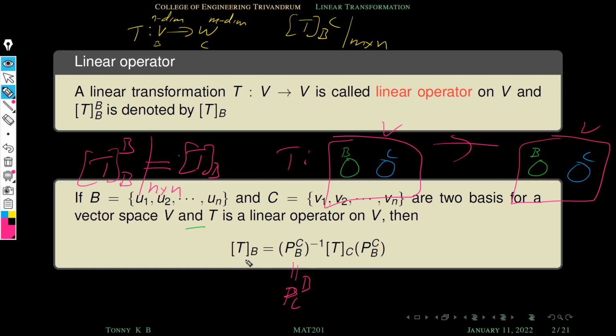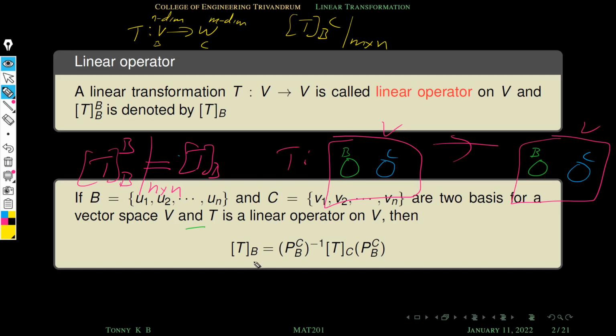Anyway, the matrix of T with respect to B is equal to PBC inverse times the matrix of T with respect to C times PBC. This is the relation between matrices corresponding to the same linear transformation.